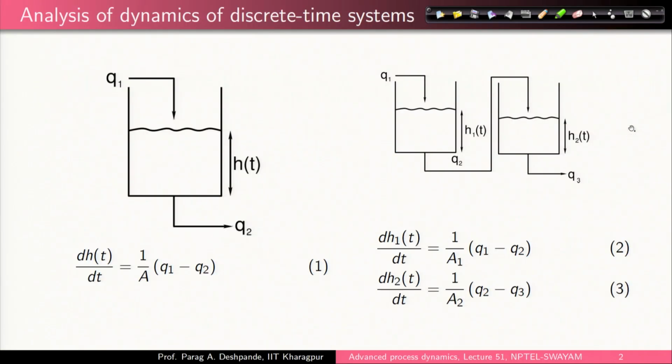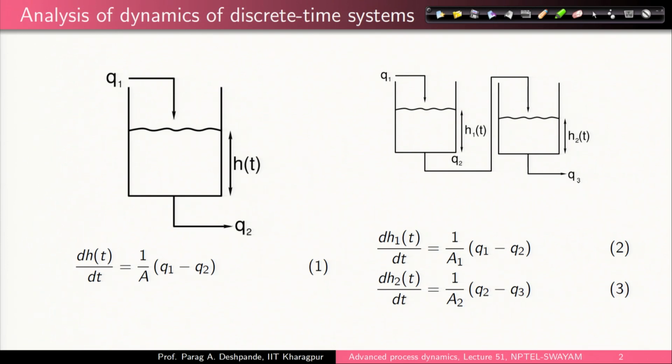So, let us first look into two examples that we took previously in transform domain analysis. What you see on the left hand side is a single tank. It is a liquid level system in which you have an input stream, an output stream, and a dynamical equation given as dh/dt equals 1 over A times (q1 minus q2).